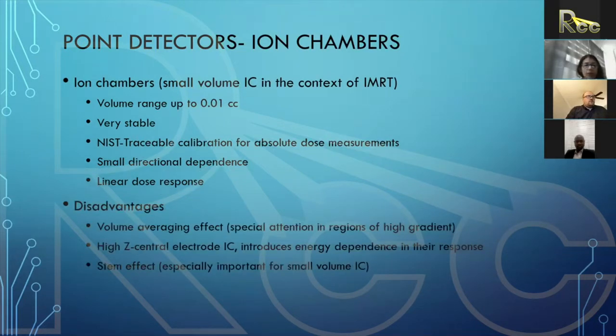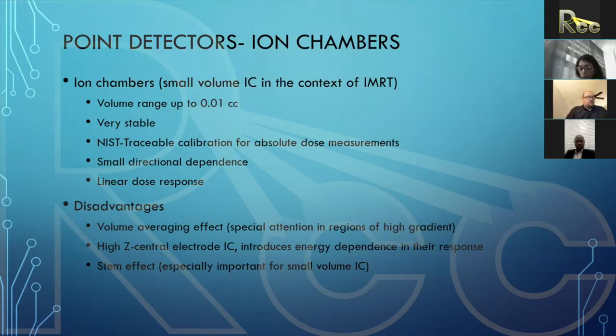every detector you are going to use has some disadvantages. So what disadvantages do we have for ion chambers? They give a volume averaging effect, and we need to pay attention in the regions of high gradient in the context of IMRT. And what is this averaging effect referring to?